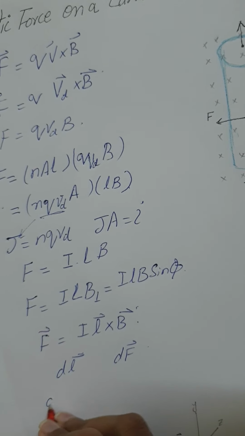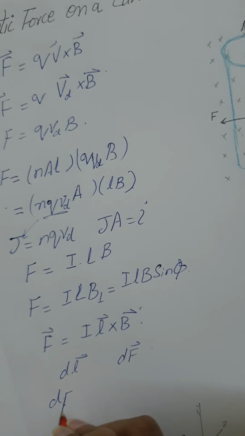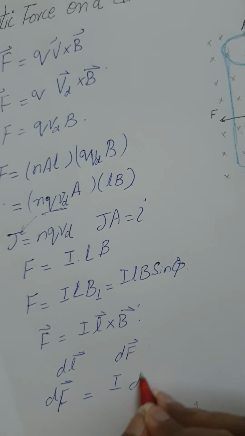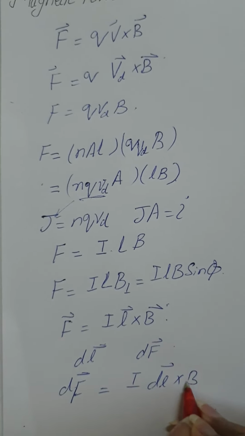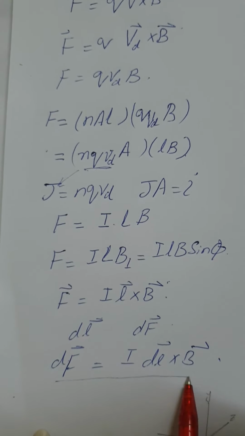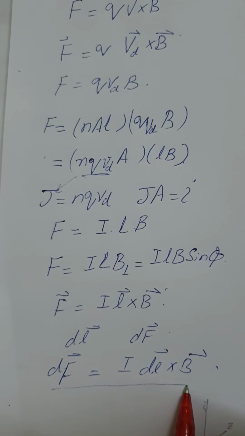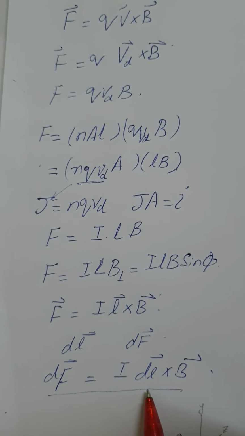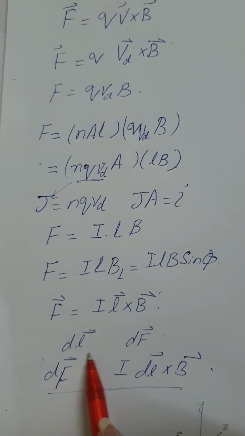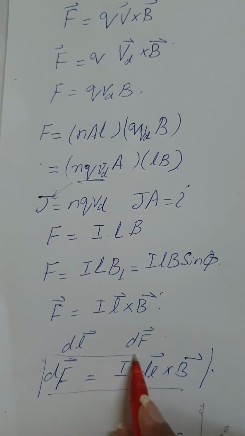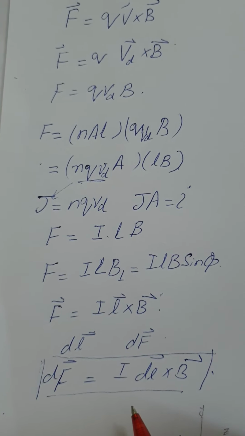Then this equation becomes dF equal to I dl cross B, and we can integrate this along the wire to find the total force on a conductor of any shape. This integral, if you remember from previous lectures, is called a line integral.